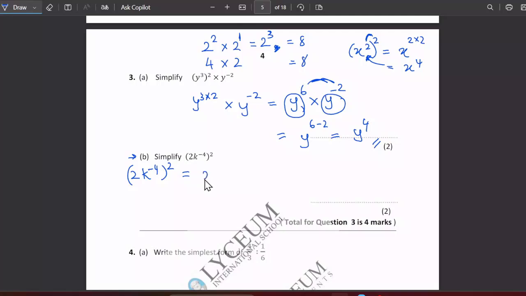So 2 to the power 2 times k to the power minus 4 to the power 2. Now we have 2 to the power 2, and these two powers should be multiplied, k to the power minus 8. So now we can further simplify: 4k to the power minus 8.